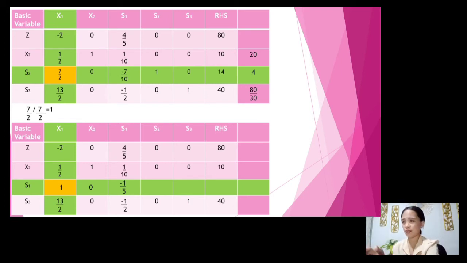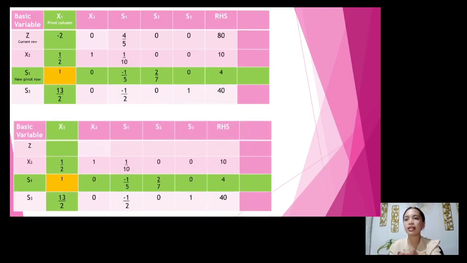Excuse me, it's just the same process. 7 over 2 divided by 7 over 2 is 1. Then 0 divided by 7 over 2 is 0. Then the same process, so we have negative 1 over 5, then 2 over 7, then 0, and 4.